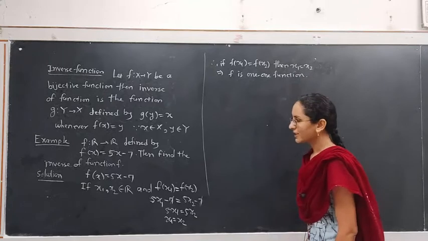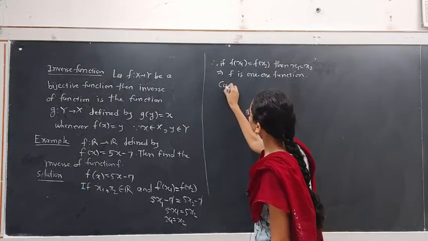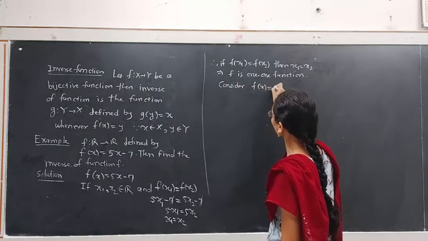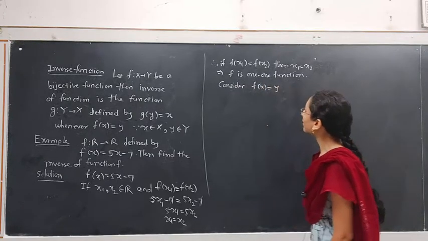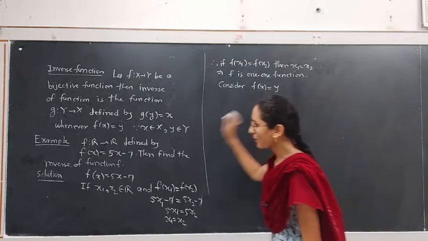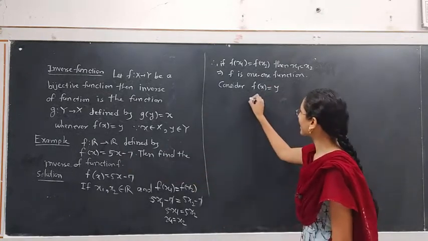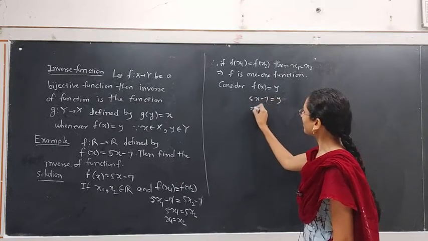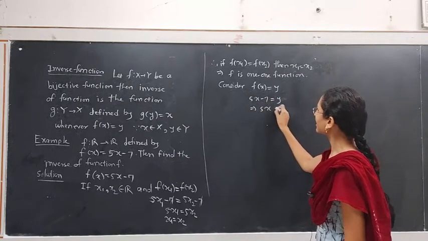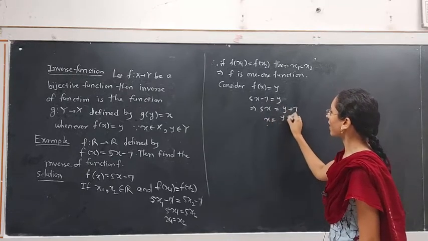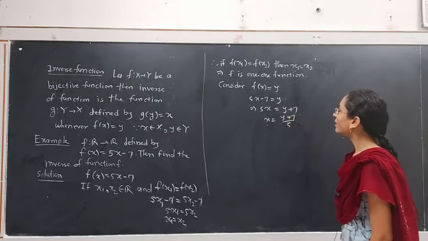To check whether it is onto, consider f of x is equal to y. If we take f of x is equal to y, what is f of x? f of x is 5x minus 7 is equal to y. This implies 5x is equal to y plus 7. Hence, x is equal to y plus 7 upon 5.